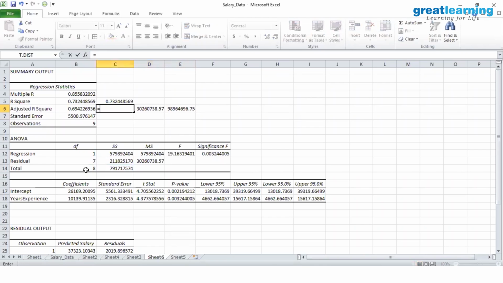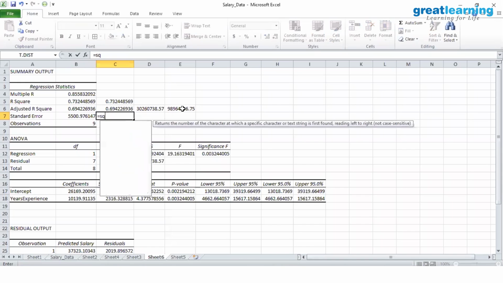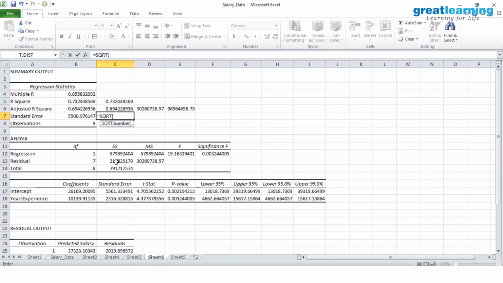Since I want to identify the regression, 1 minus residual divided by the total sum of squares. That is how the adjusted R squared is calculated. What is the standard error? Standard error is nothing but the square root of the mean square of the residual.